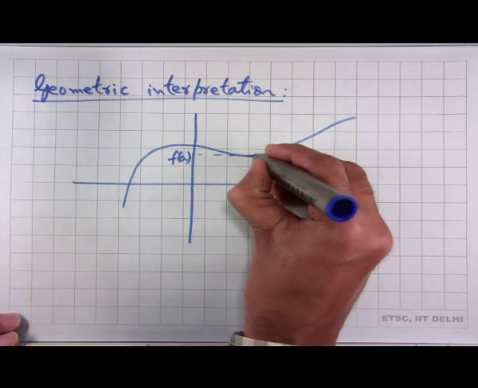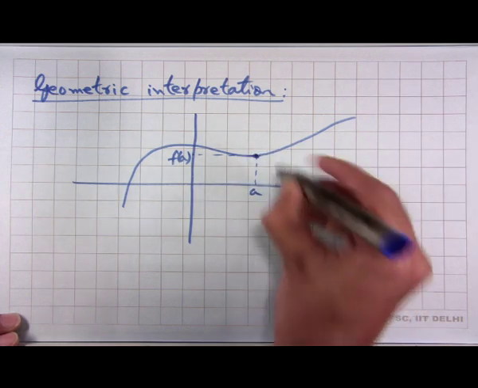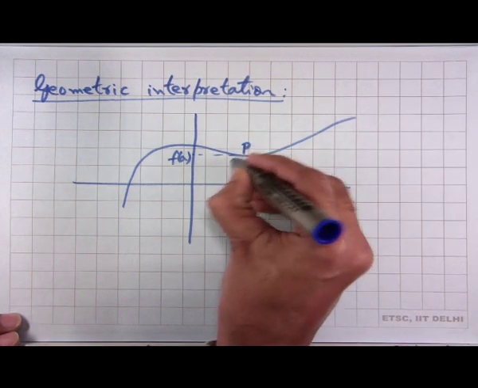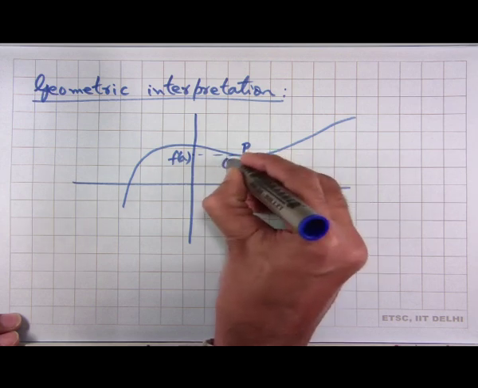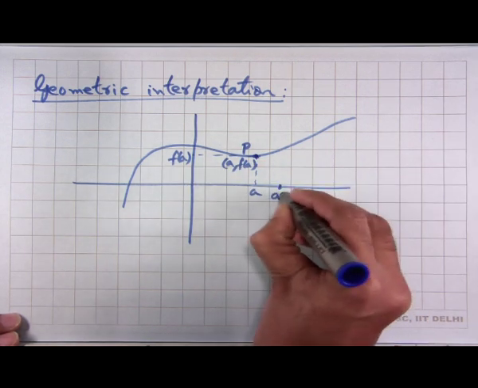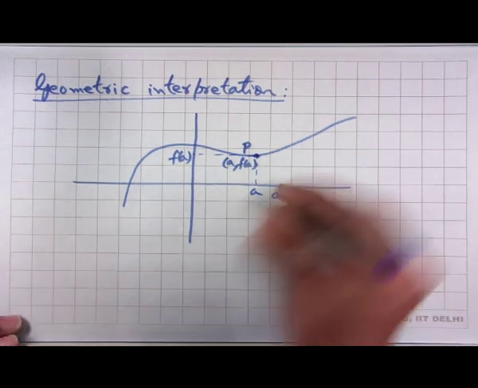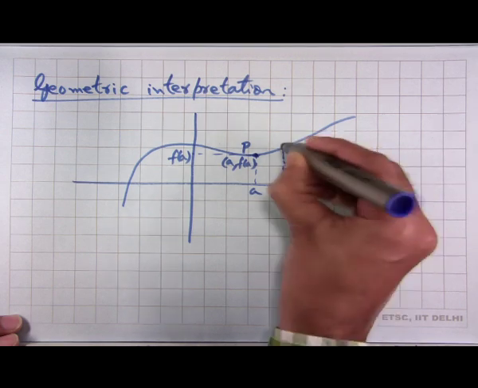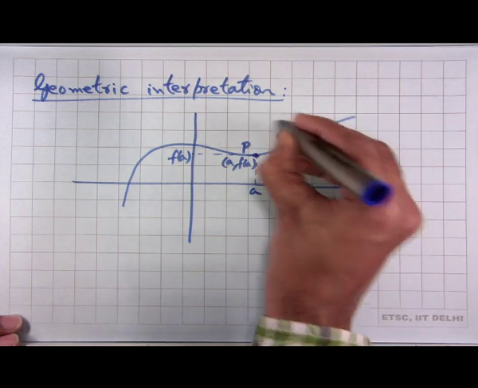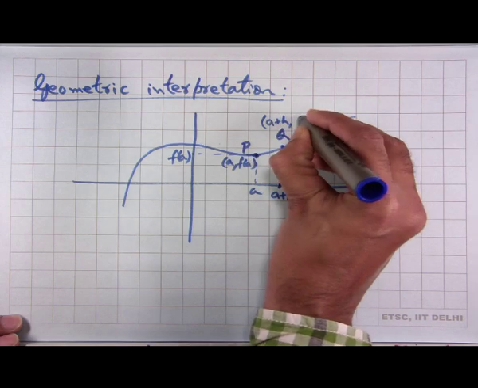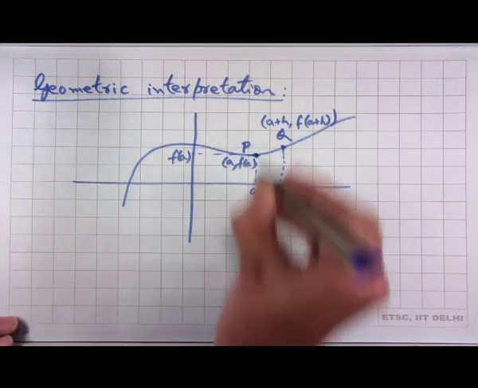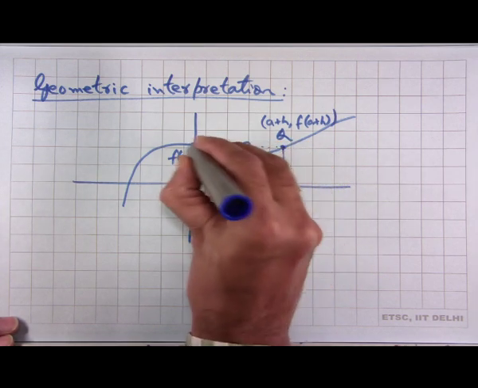Now, I have this point, let me call this point P, whose coordinates are a comma f of a, and let us look at another point which is a plus h. Here I am taking h positive. Then there is another point Q here whose coordinates are a plus h and f of a plus h. So, this is f of a plus h.